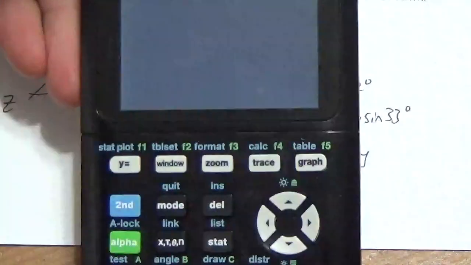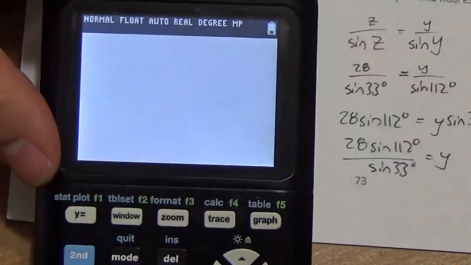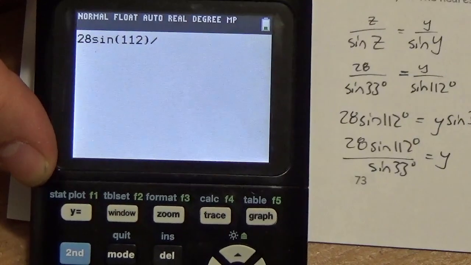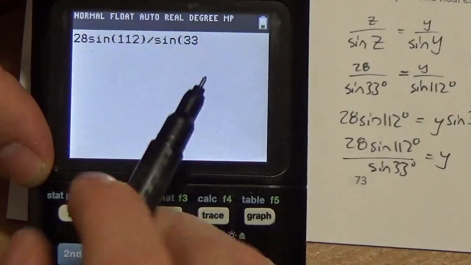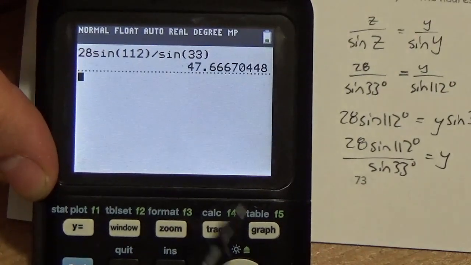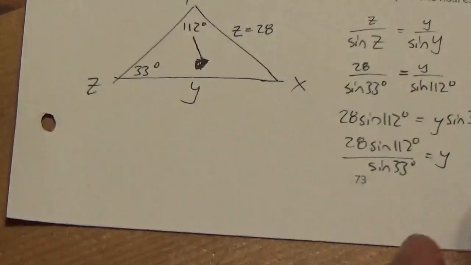So here we go to the calculator. So it'll be 28 sine of 112 divided by the sine of 33. And I make sure that I'm closing off the parentheses after I enter the angles. And I get 47.7 rounded to the nearest tenth.